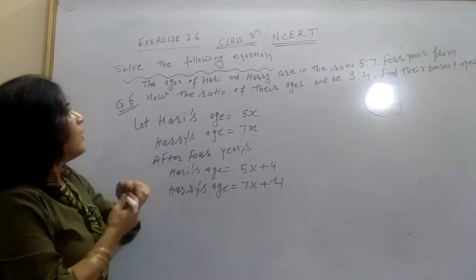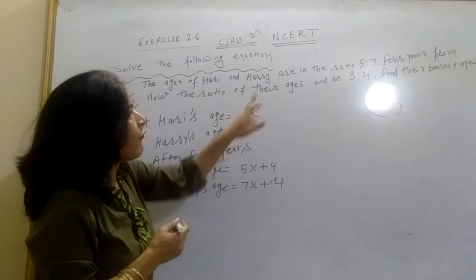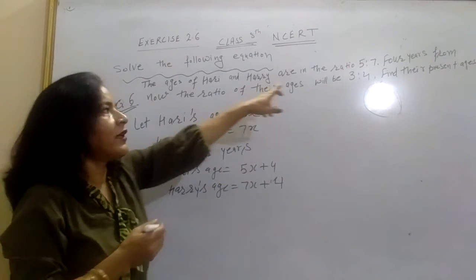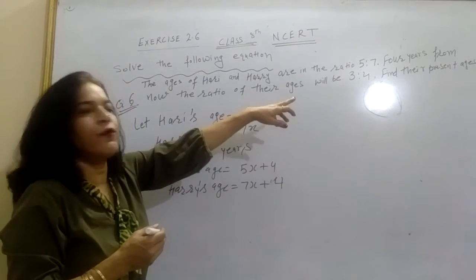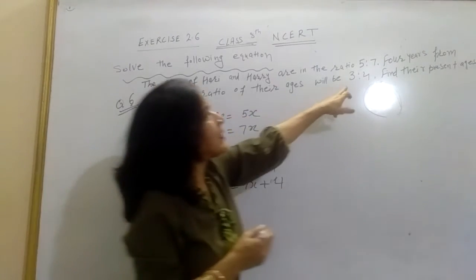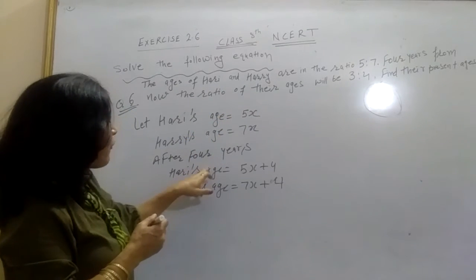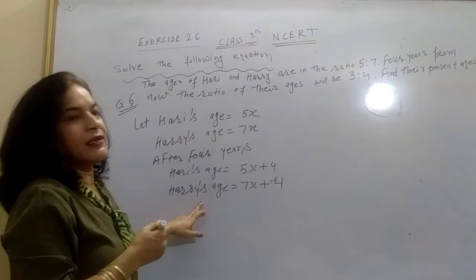Clear? Ages of Hari and Harry are 5x and 7x. Then 4 years from now the ratio of their ages will be 3:4. So consider 3:4 only after 4 years. I have found here their ages after 4 years.